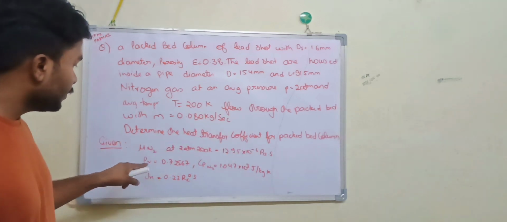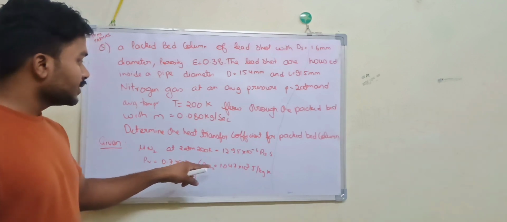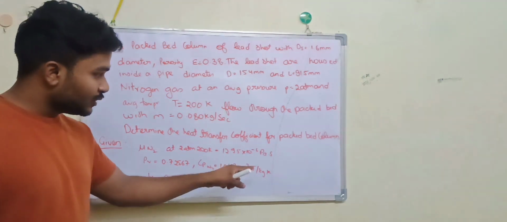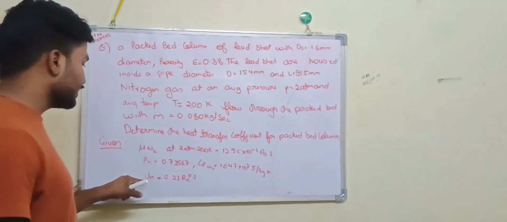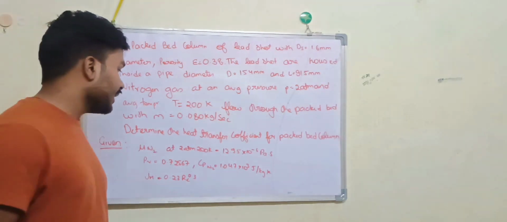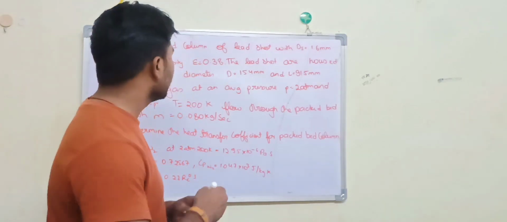Prandtl number is given as 0.72567. Cp value of N2 is given as 1.047 times 10 to the power 3 joule per kg per Kelvin, and Chilton-Colburn factor for heat transfer is 0.23 Re to the power 0.3. So let's draw the figure of the diagram.